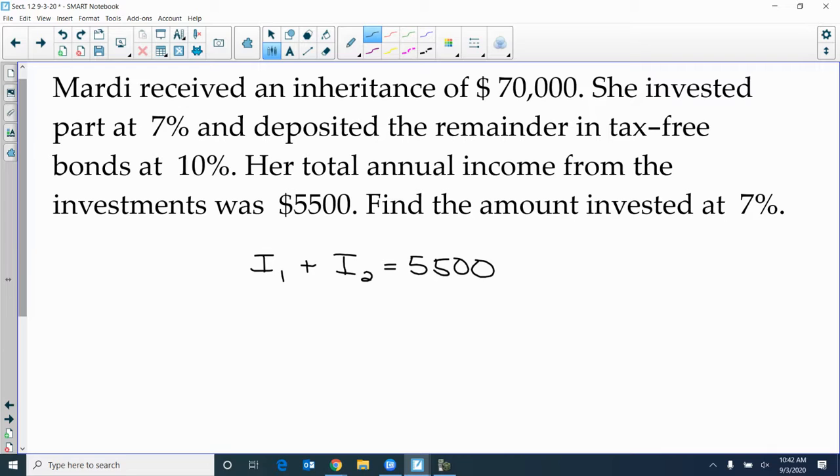No, so let one of them be X. So the amount invested at 7% is going to equal X. If I do that, how can I represent the amount at 10%? 70,000 minus X. So there's that case. They add up to 70,000. One of them's X. The other one's 70,000 minus X.